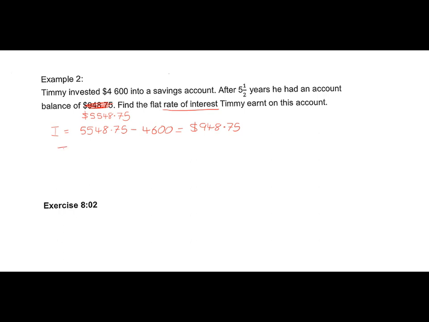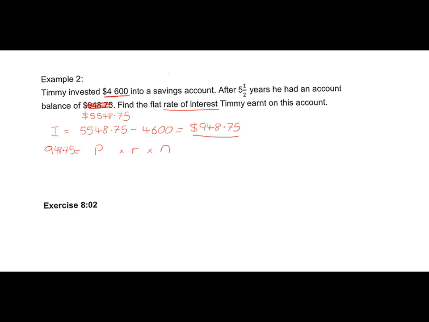$948.75. We know that the formula is I equals P times R times N. But let's have a look at the question and the information that we've got so far and substitute in the correct values. So the first one on the left, I, we just worked out in the line above that the amount of interest was $948.75. So we'll replace the I with 948.75.